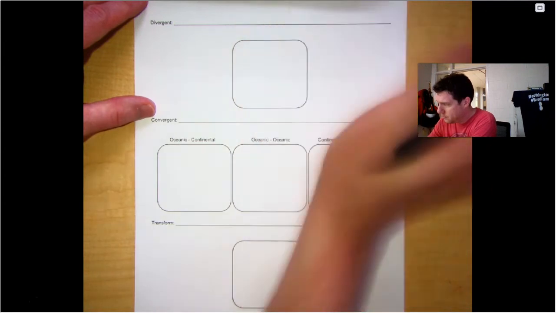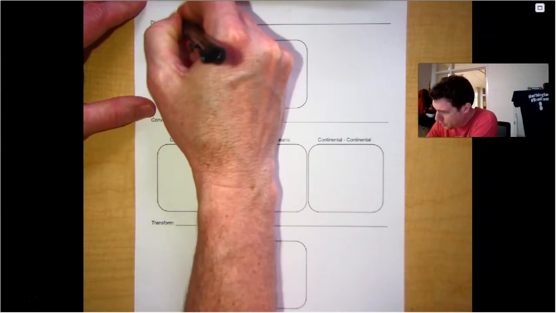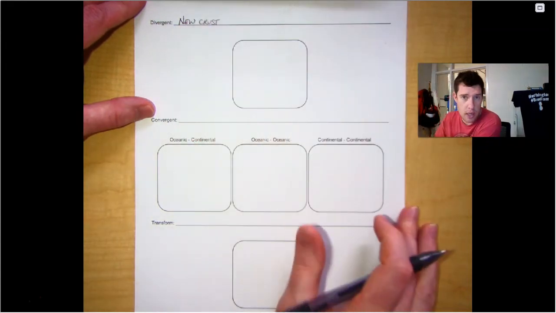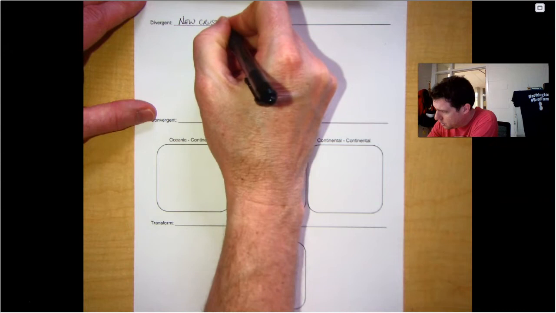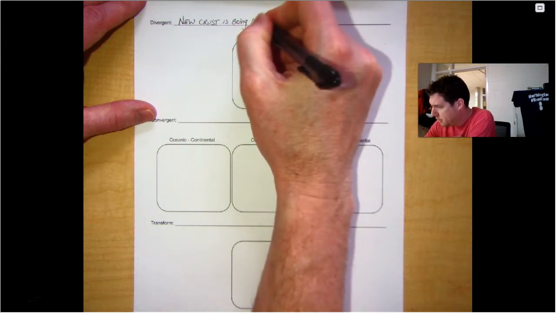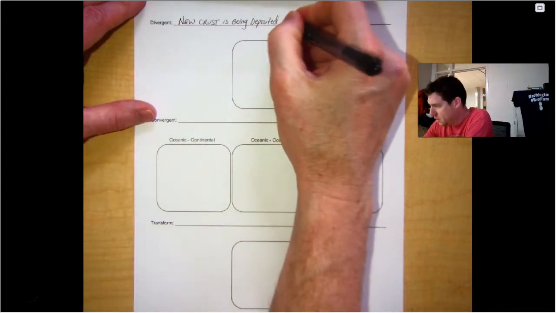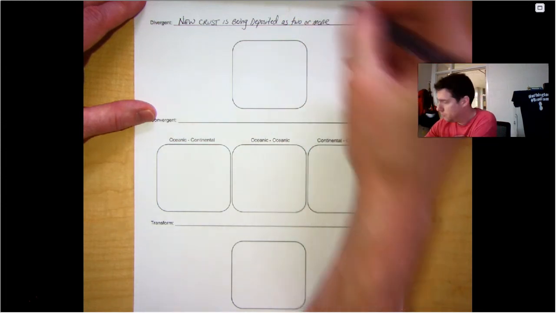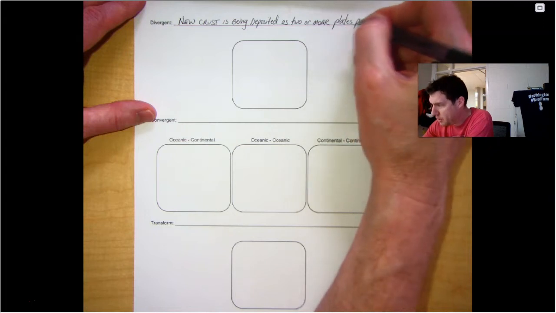So up here, where it says divergent, we're going to write: a divergent boundary is where new crust, new ocean or continental crust, new earth crust, okay, is being deposited as two or more, usually it's two, or more plates pull away from each other.